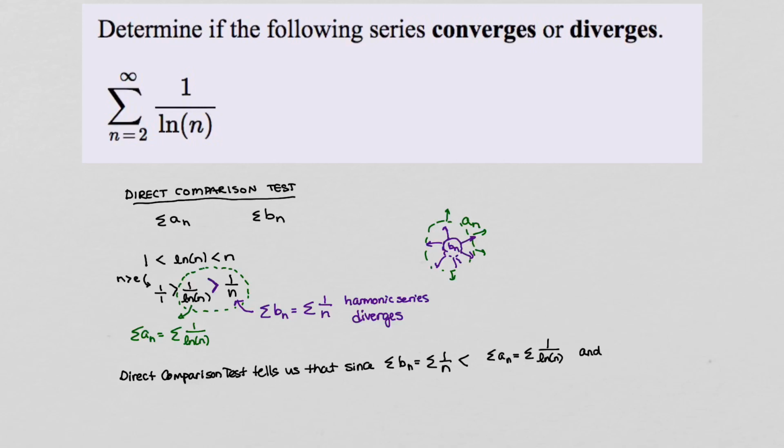And moreover, that series 1 over n diverges, then it follows by the direct comparison test that our original series, a sub n, which is 1 over the natural log of n, also diverges. That's it. That's all we need to do.